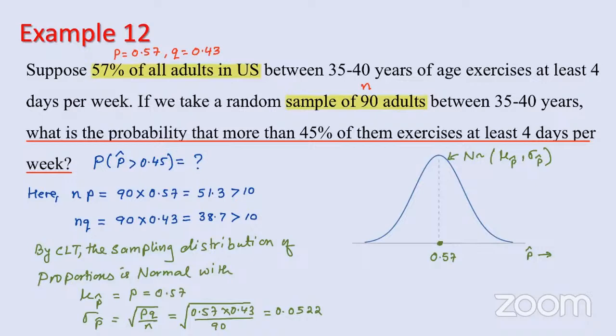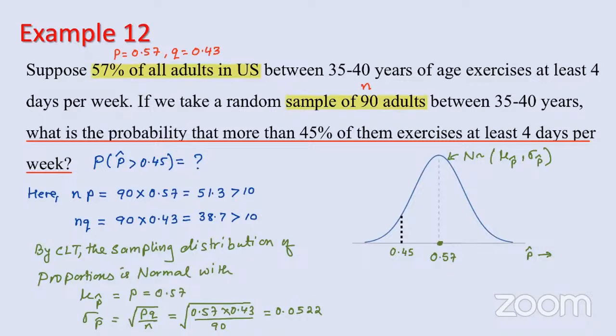Here we have 0.45. In the middle of this distribution, we have 0.57. So where is 0.45? Is it on the left of that or on the right? On the left. Okay, so let's represent that on the left. On the left, we have 0.45. We also need to set the area to represent that probability.